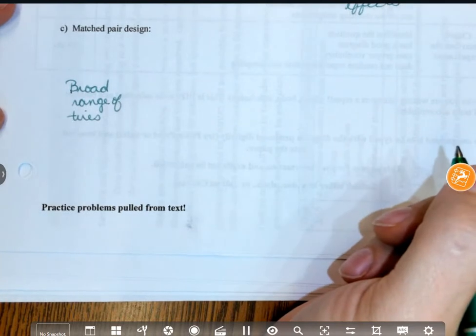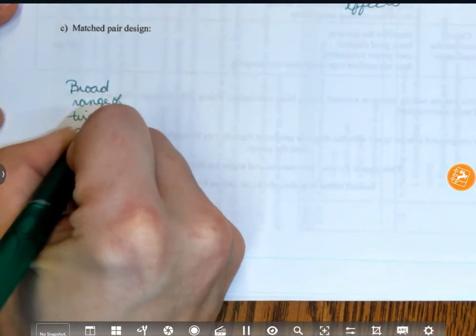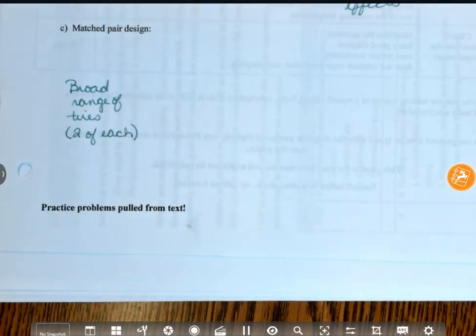And let's say for my broad range of tires, I have 2 of each. So I have 2 Michelins that I'm going to put on a Ford F-150 of a standard size. So I'm going to test it on 2 cars. I have 2 Goodyears that I'm going to test on 2 Ford F-150s. 2 sets. Does that make sense?